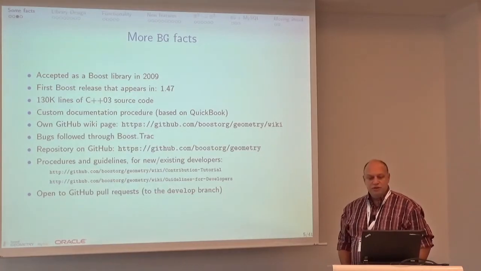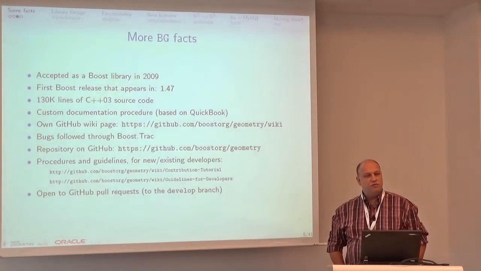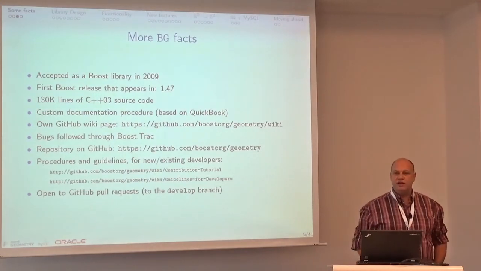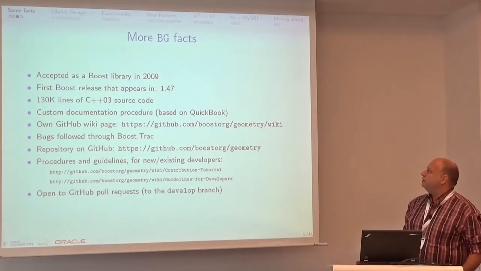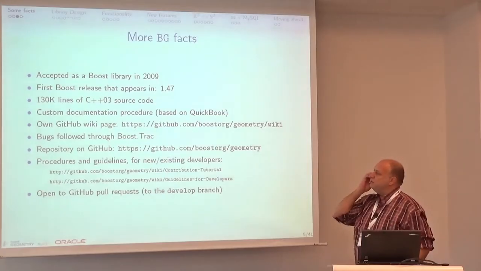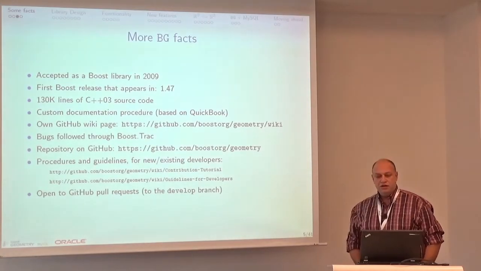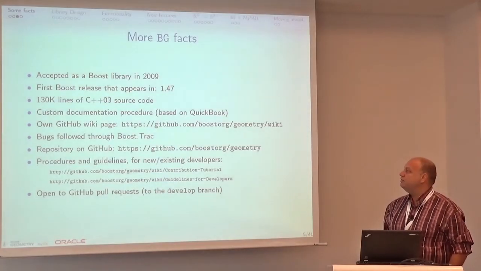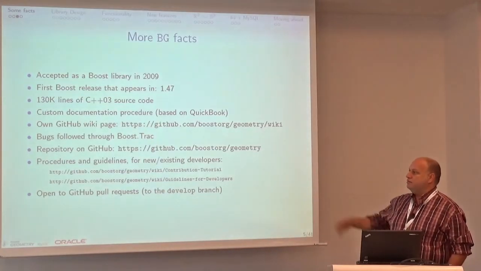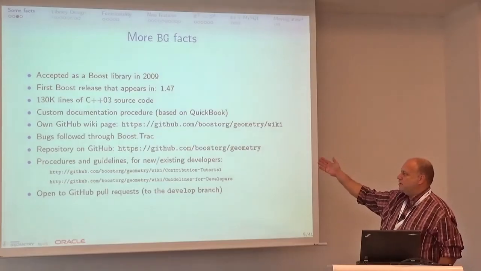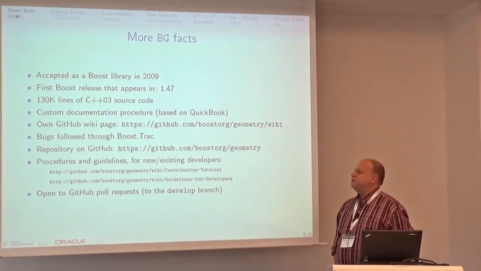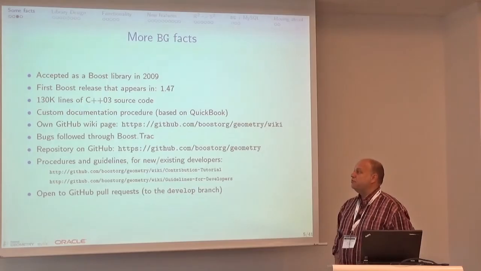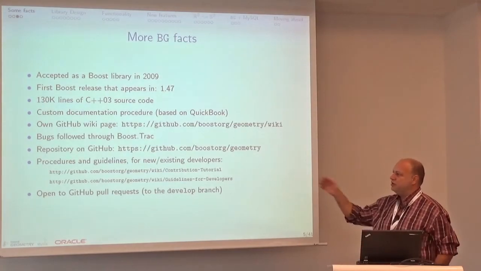There is a custom documentation procedure based on QuickBook. We have our own wiki page, thanks to Adam, who created it, where you can learn more about the library. Of course, we're using Trac for following the tickets that we receive, and like any other Boost library, there is a specific repository for the library.